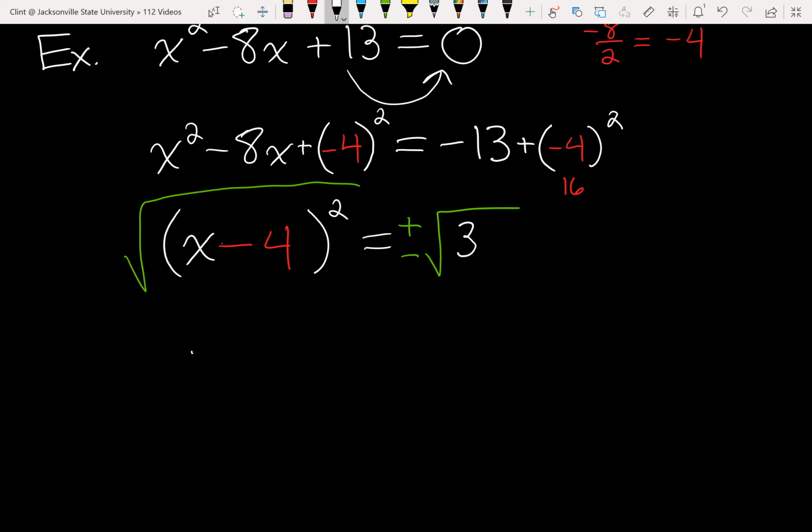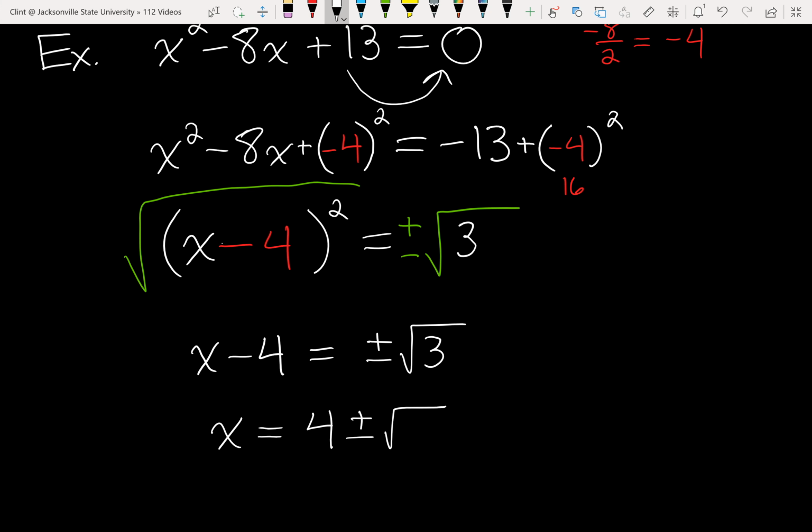So we just end up with x minus 4. And on the right side, we can't simplify that, so it's just plus or minus square root of 3. We want to solve for x, so we just add 4 to both sides. And traditionally, the way you're going to write this is you're going to put the positive 4 in front and plus or minus square root.